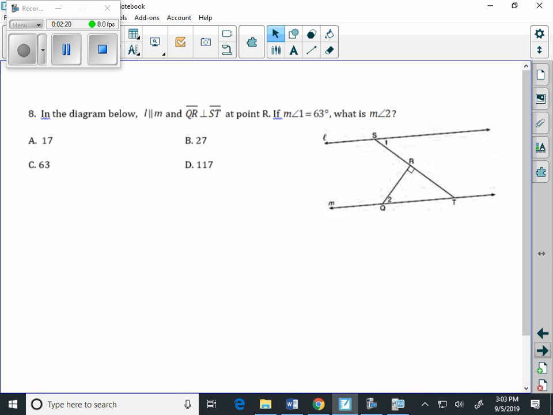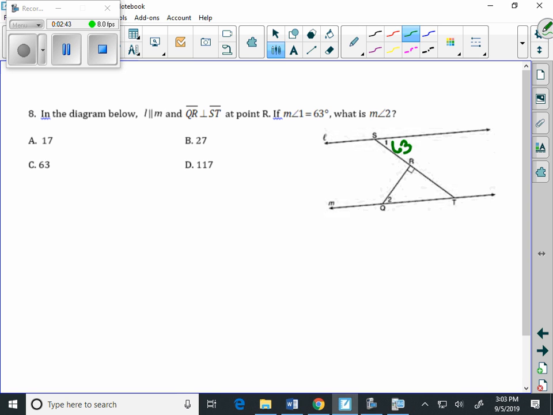In the diagram below, line L is parallel to line M, and segment QR is perpendicular to segment ST. If the measure of angle 1 is 63 degrees, then what is the measure of angle 2?